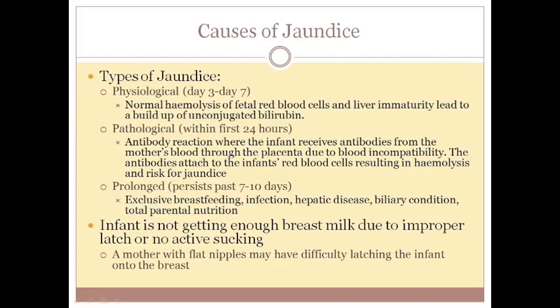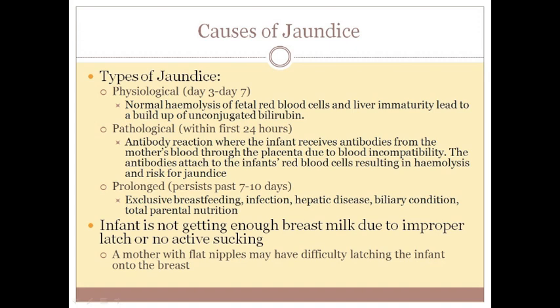There are many causes of jaundice, but there are three types of jaundice. The first one is physiological jaundice, which occurs from approximately day 3 to day 7. This type of jaundice occurs when normal hemolysis of fetal red blood cells and liver immaturity lead to a buildup of unconjugated bilirubin. Pathological jaundice occurs within the first 24 hours, and it is from antibody reaction where the infant receives antibodies from the mother's blood through the placenta due to blood incompatibility.